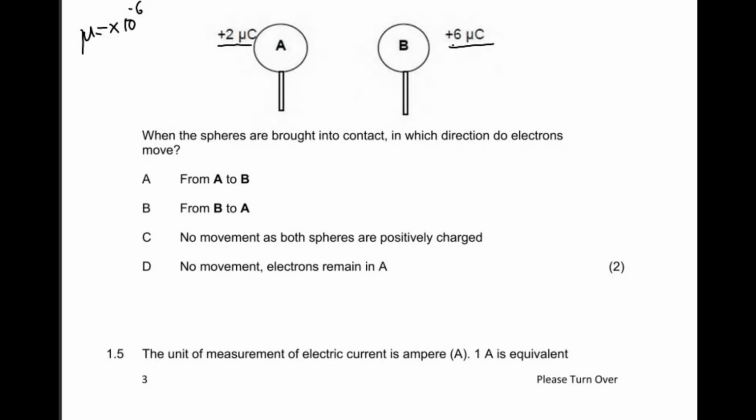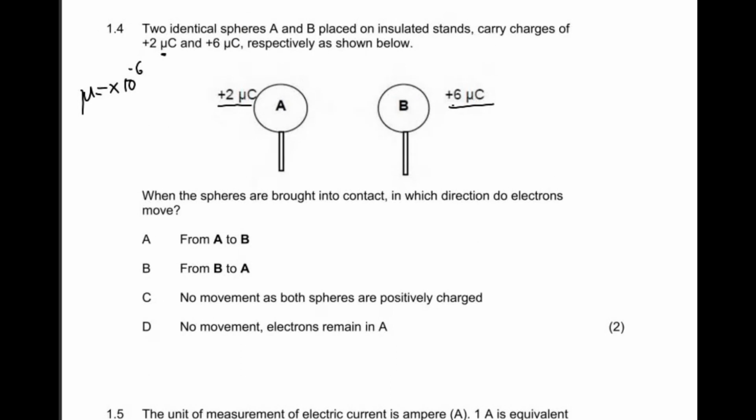Do electrons move from A to B, or from B to A? Or is there no movement as both spheres are positively charged? Or perhaps the answer is D, electrons remain in A. So from our options, we can eliminate both C and D. There is going to be a movement of electrons from one sphere to the other, even though both spheres are positively charged.